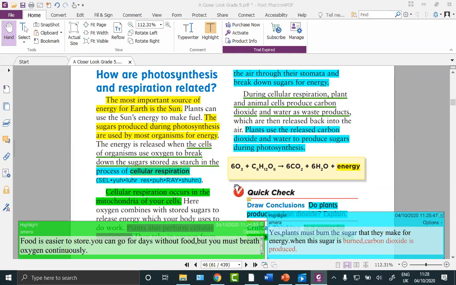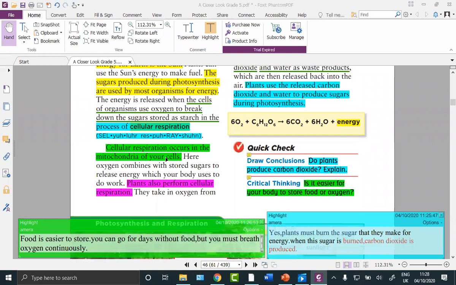How are photosynthesis and... No. Cellular respiration. Continue from cellular respiration. Cellular respiration occurs in the mitochondria of your cell. Oxygen combines with stored sugars to release energy which your body uses to do work.